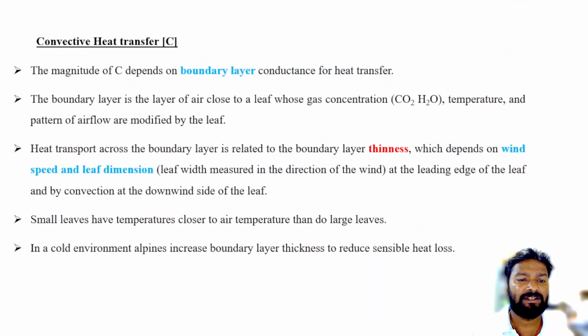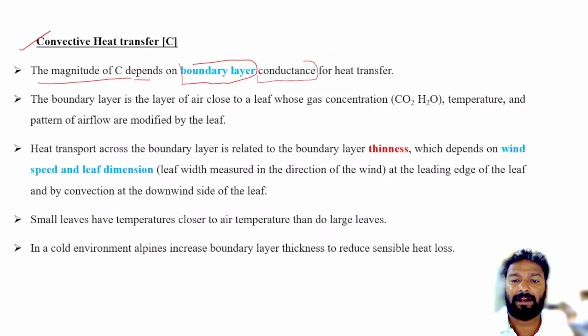And the last component is the convective heat transfer. So the magnitude of this convective heat transfer depends upon the boundary layer conductance. Boundary layer conductance means, this is the leaf, and at the leaf surface this is a boundary layer.